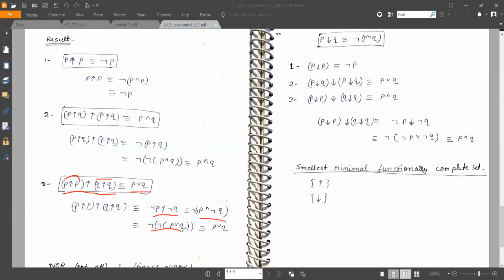This would be the negation of negation P and negation Q, simply P disjunction Q. So this is very straightforward.